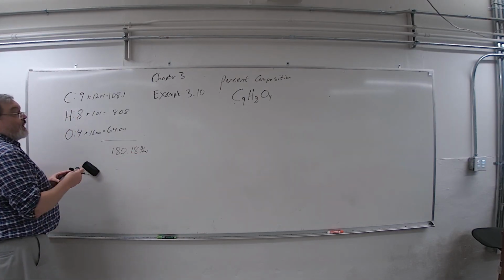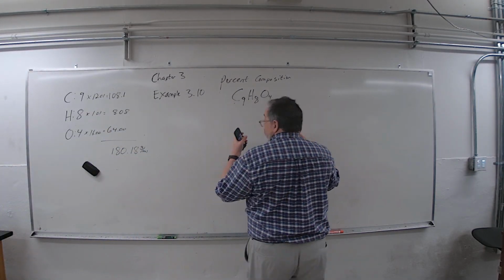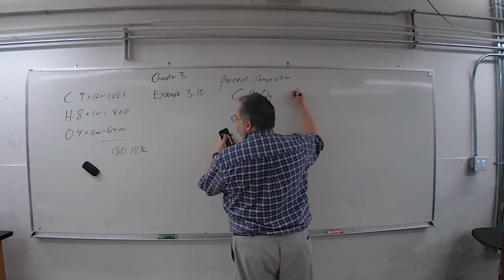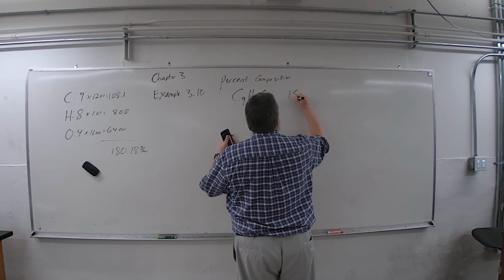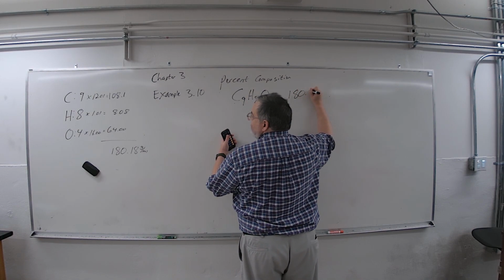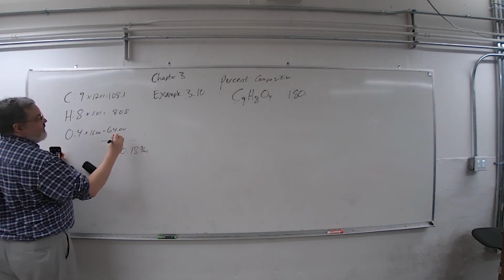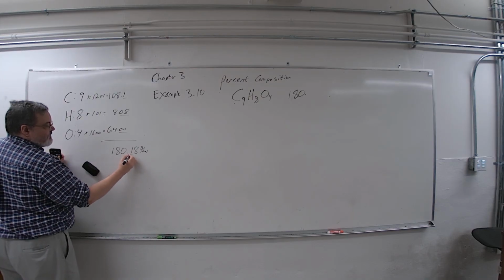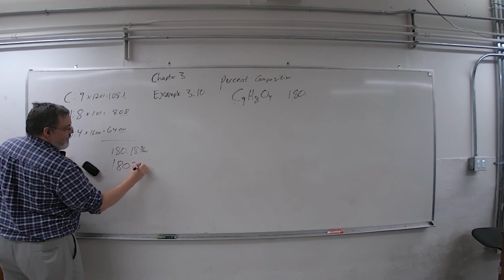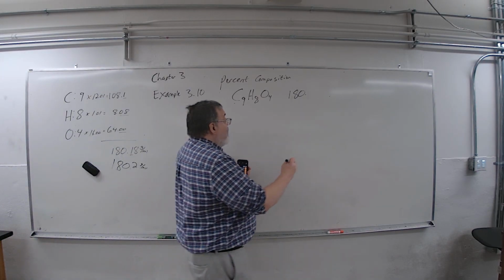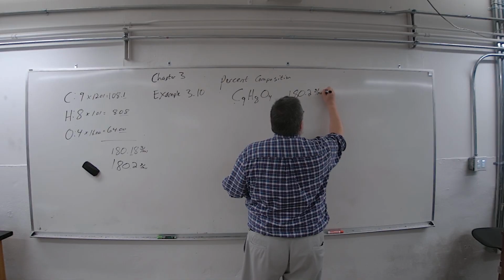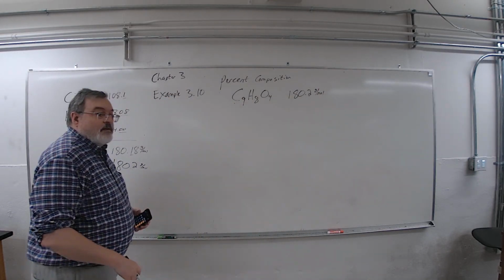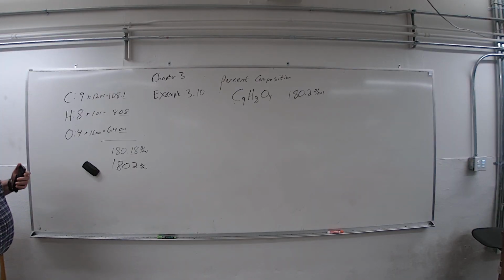I'm going to leave the grams per mole like that and say, here's the overall weight of this. We're just going to pretend we have 1 mole of it. If I'm going to be proper with significant figures, there's 1 after the decimal, so that rounds up to the 2. So really I need to be using 180.2. We're going to call that the total weight. We're just going to assume we have 1 mole, and that means we have 180.2 grams, but I'm going to leave it as grams per mole because this works out just fine.